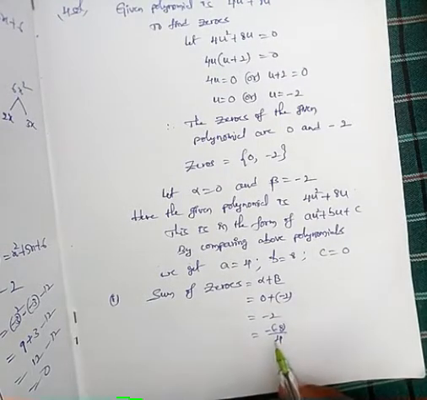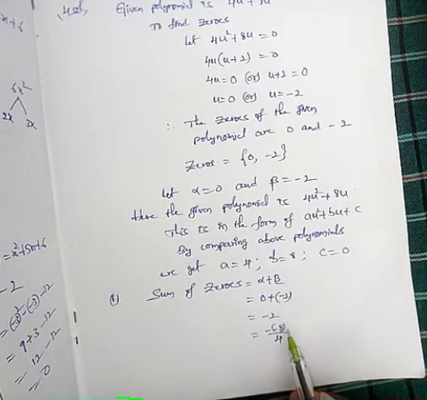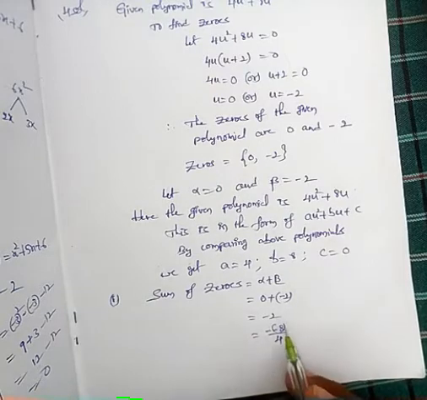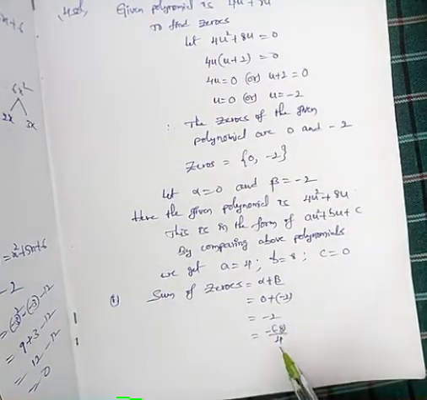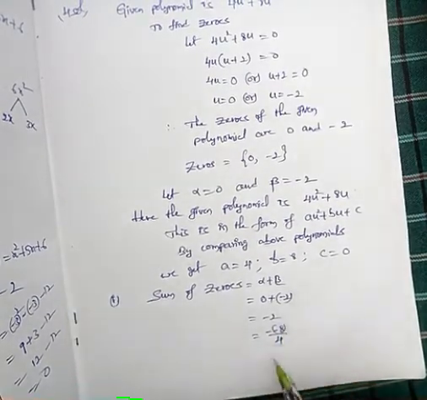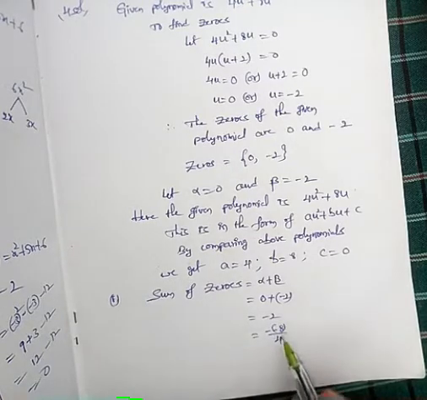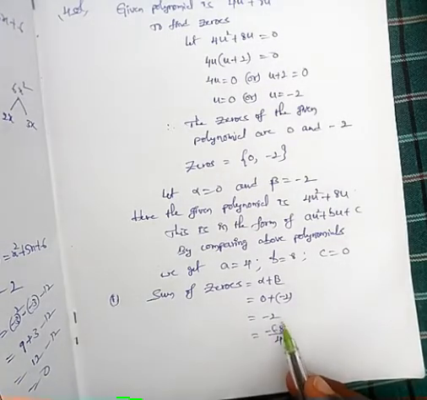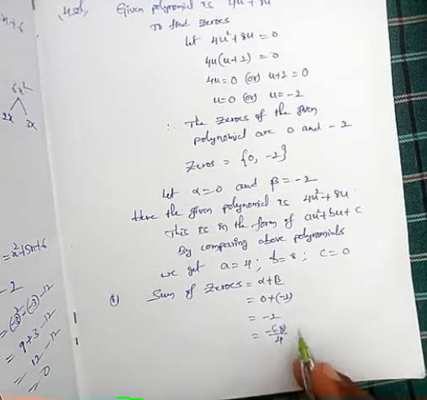So children, if you simplify this, you can get -2 by simplifying the fraction here. So minus of b by a. That's why we can write -2 as minus of 8 by 4.